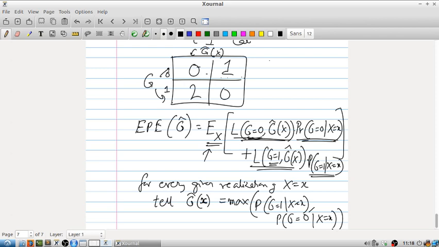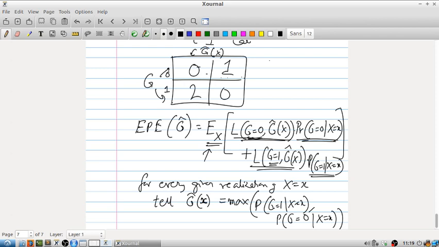All it's saying is the right model you are supposed to pick is: given that picture, if it is more likely to be a cat compared to not a cat, then you should predict cat. That's the intuitive thing, right? Given the picture, g is a random variable here, so g can take 0 or 1 with some probabilities, two numbers.